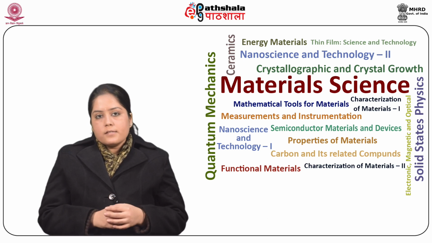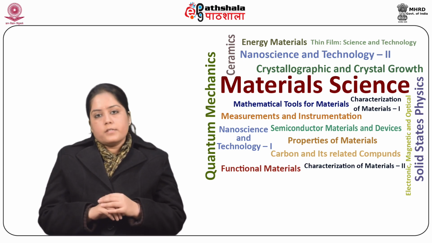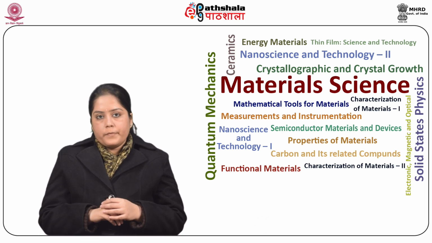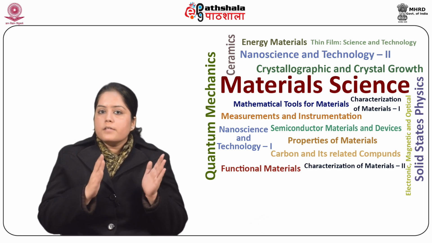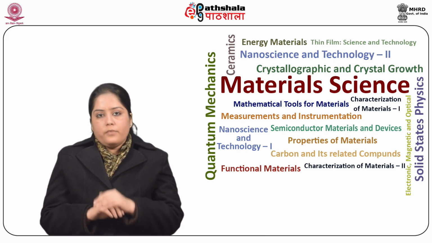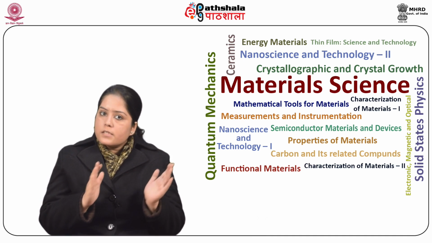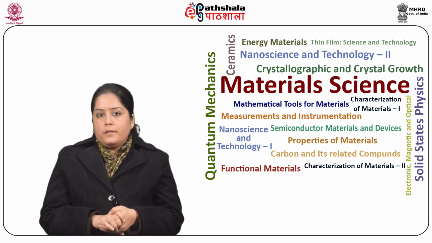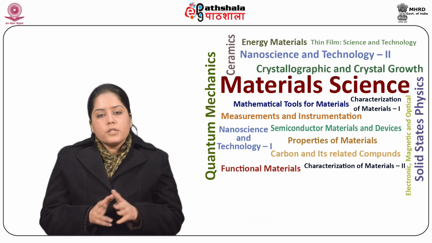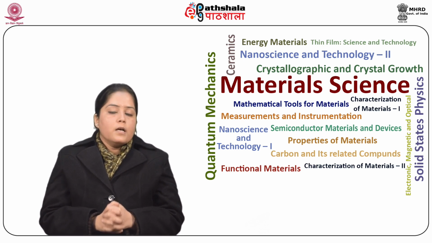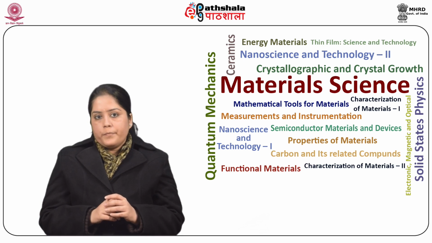Now let's discuss single crystalline and polycrystalline materials. In crystalline materials, where there is a perfect periodic arrangement of atoms which extends through the specimen without any interruption, such materials are known as single crystal materials.